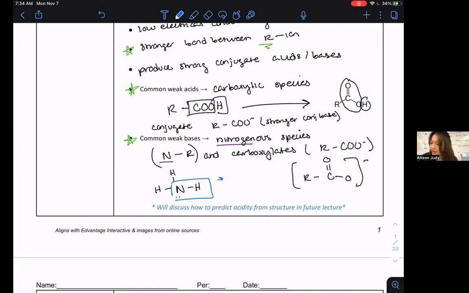If you added an H plus, now you have NH4 plus, and that actually from the NH3 standpoint isn't as stable. Carrying a charge isn't as stable as being an uncharged species. So for NH3 base, weak base, it's not as stable to have a charge.